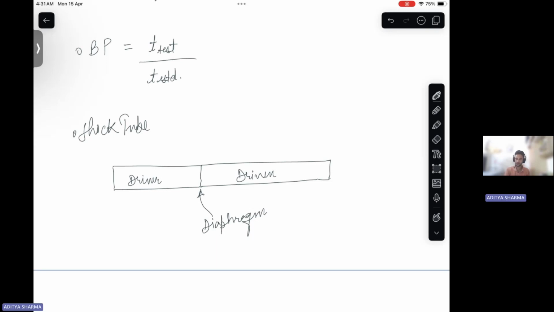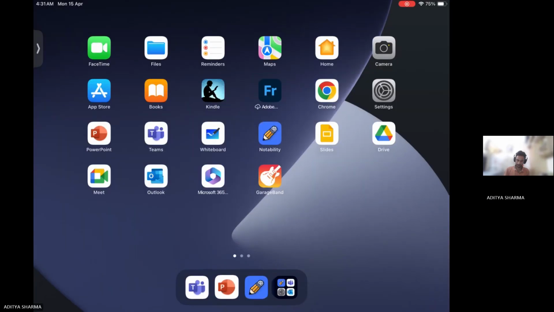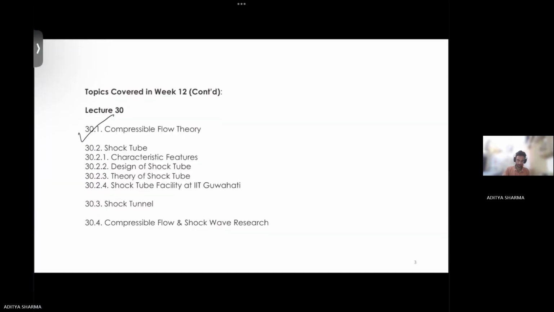So it's an impulsive test; later in the lecture, it has also been mentioned that it is an impulsive device. This is the basic structure of a shock tube.